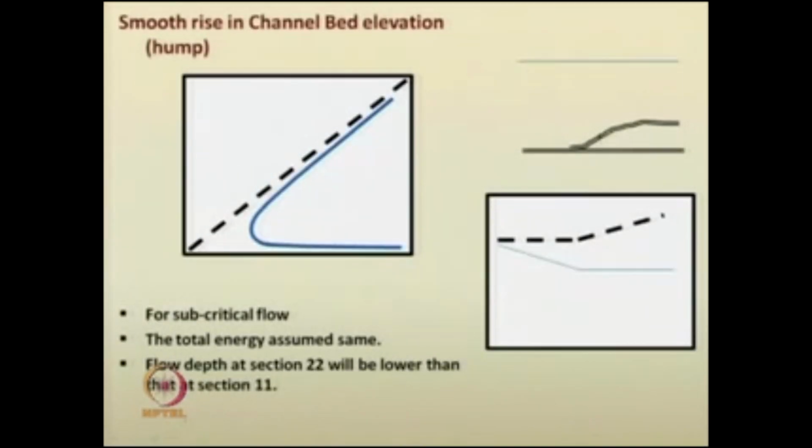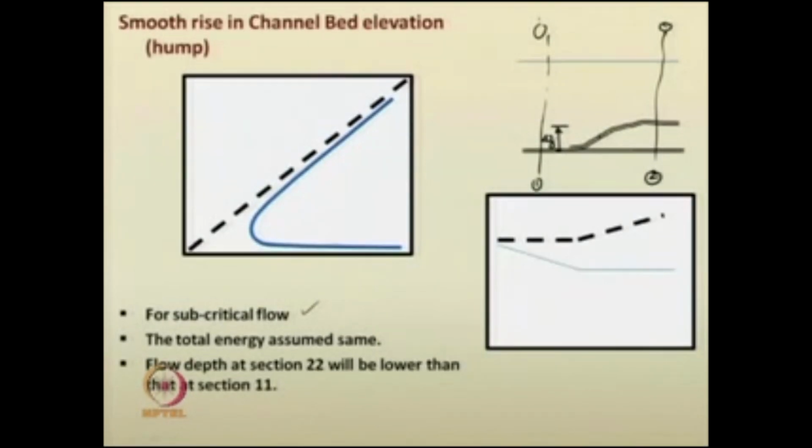So, I can just plot it for the smooth rise in the channel bed elevation. As this is a subcritical flow, we are assuming the total energy at section 1 and section 2 are the same. That is the reason why we are able to directly use the hump height in the energy calculation, right.